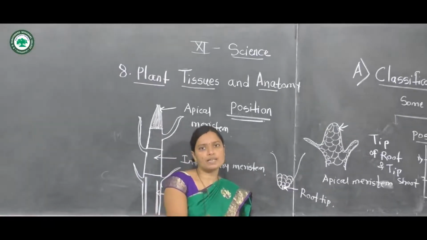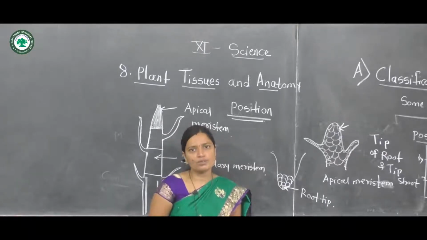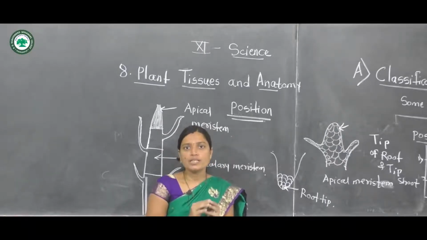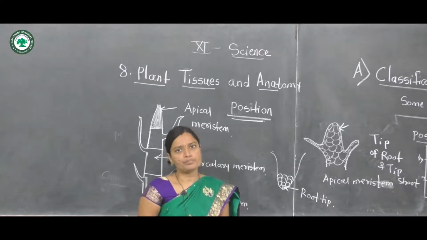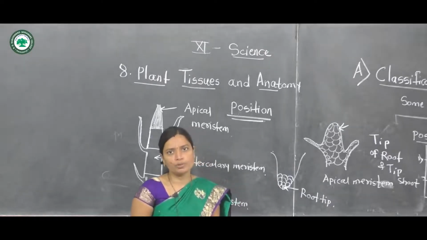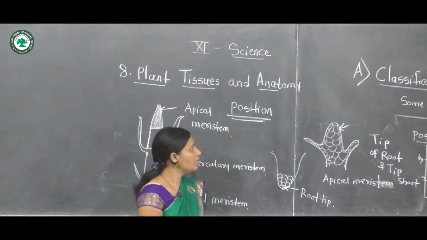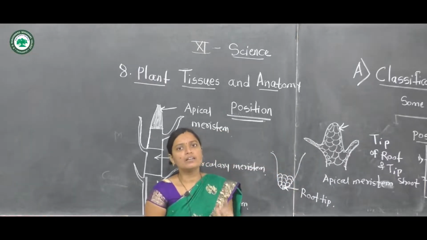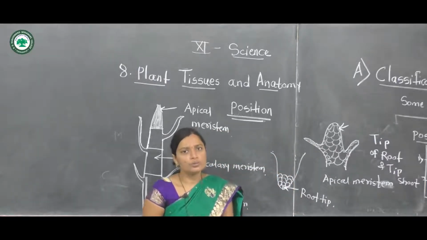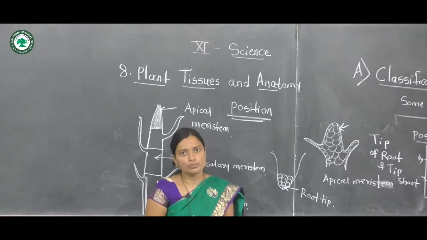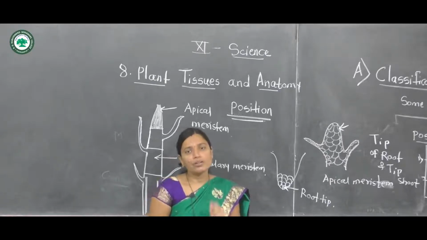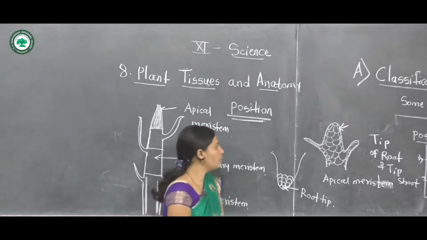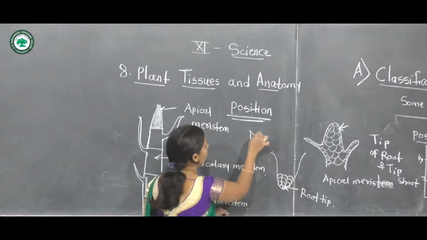A group of cells is formed, and this group of cells is called a tissue. These two important parts of the plant body, shoot and root, are growing regions where mitotic cell division takes place.